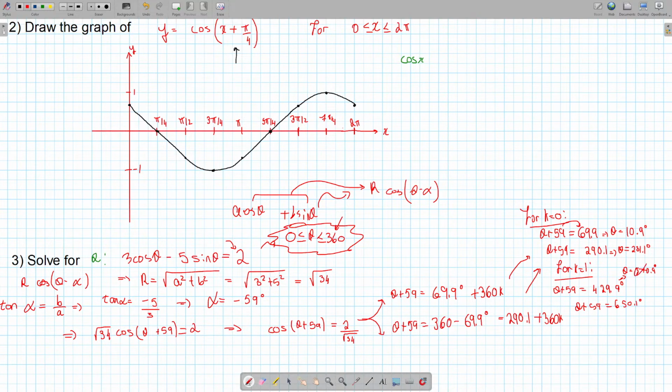So you have to put a nice x over it and say rejected. And over here again, if you take this, you're going to get theta is equal to 650.1 minus 59, which is 591.1 degrees, and you put a nice x over it and say rejected. So what solutions do you get? These lovely solutions here.